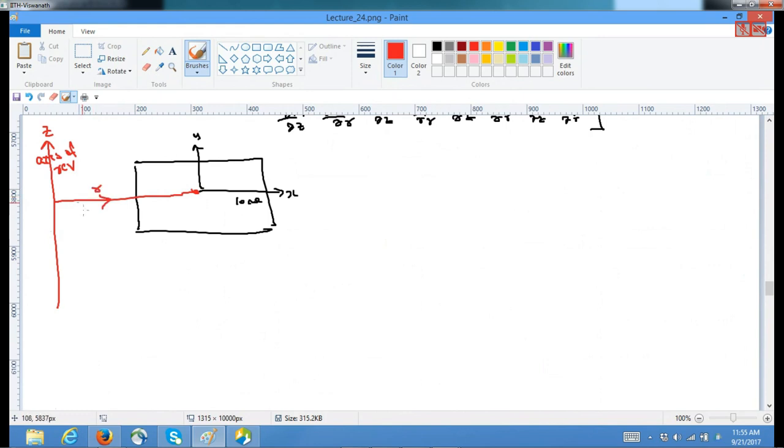So let us take an element which has a dimension of, let's say this, and this has a dimension of b.